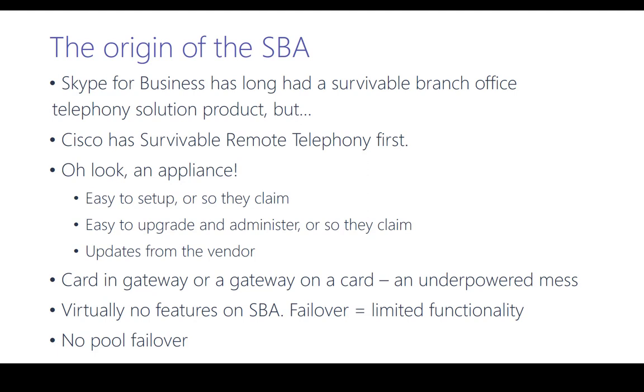The Survivable Branch Appliance was usually a card in a gateway or a gateway on a card inside a server. And typically what happened is you wound up with an underpowered mess. Think about a 2U gateway, and now you're going to put essentially a server into it on a very small card, the size of an iPhone, and it just doesn't have the power, it doesn't have the cooling to have the higher power system pump through it.